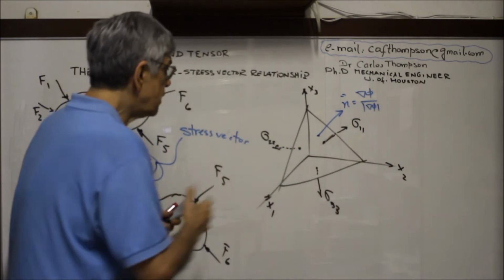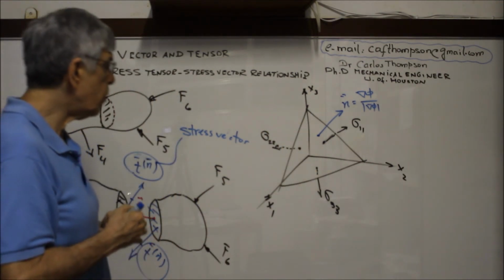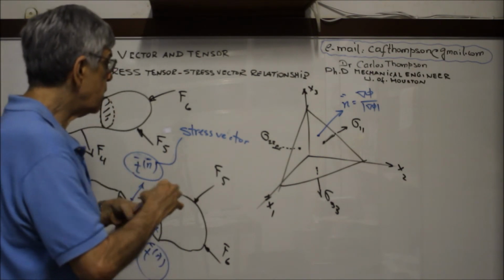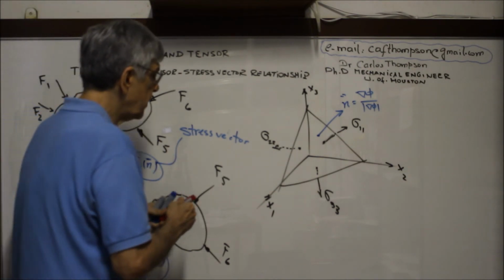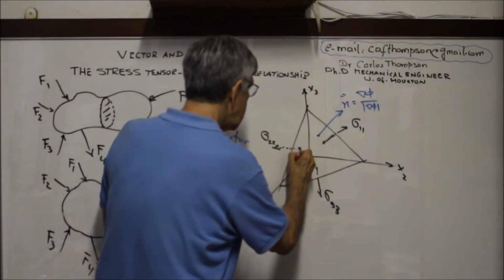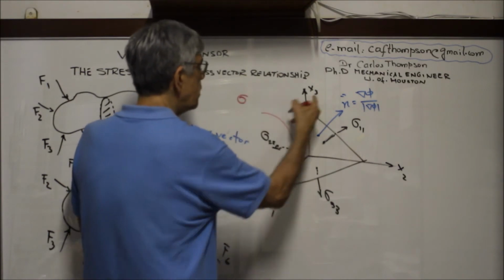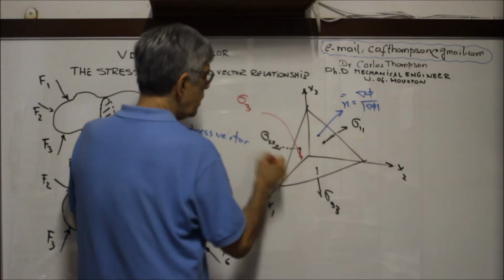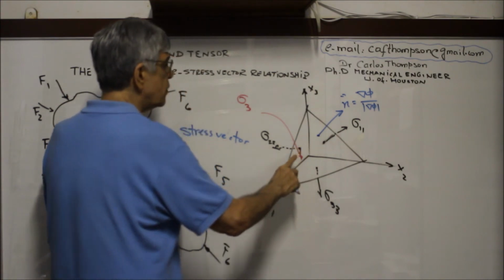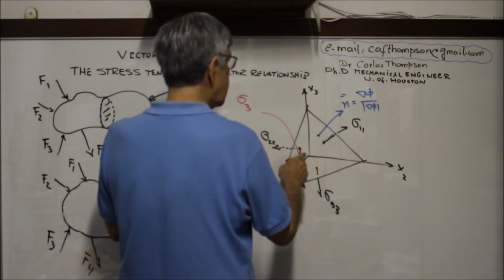These are called normal stresses. Now, let's write the shear stress. x3 in this direction, so I have here sigma 3. This is parallel in this case. It's quite easy now to understand.